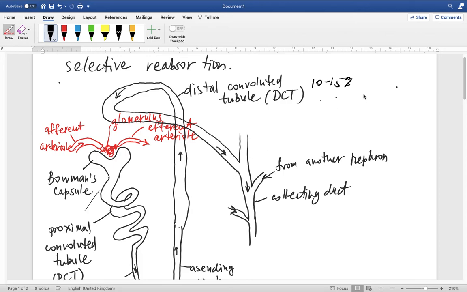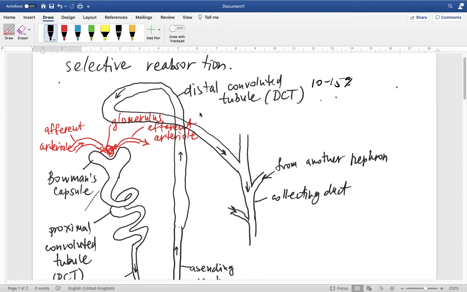But you have the remaining 10 or 15% to play with, where your body fine tunes how much of this filtrate should become urine and how much of the remaining water should be reabsorbed.